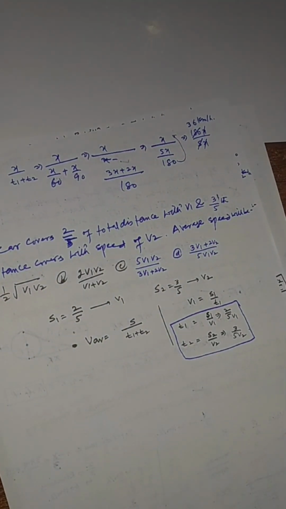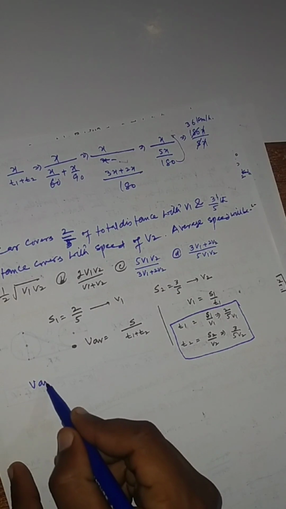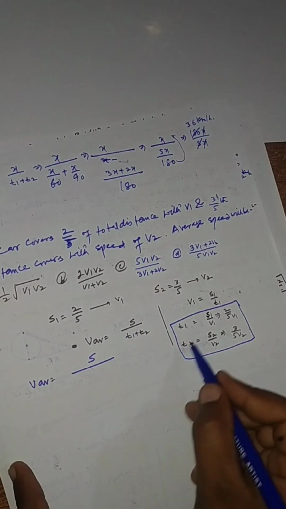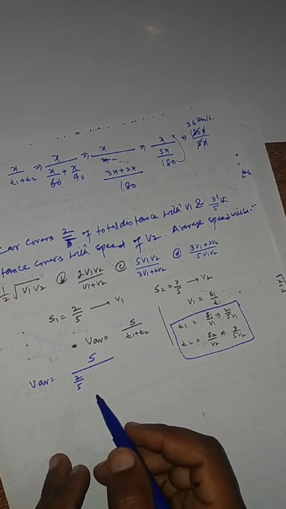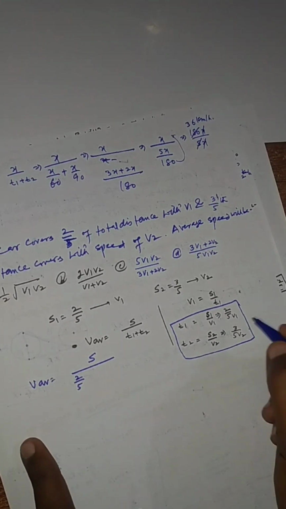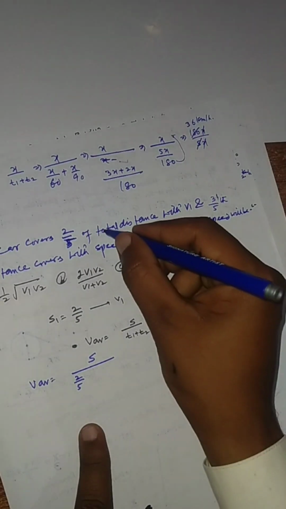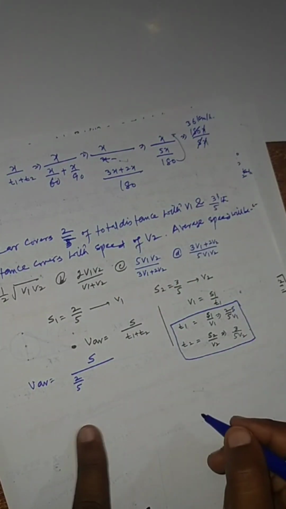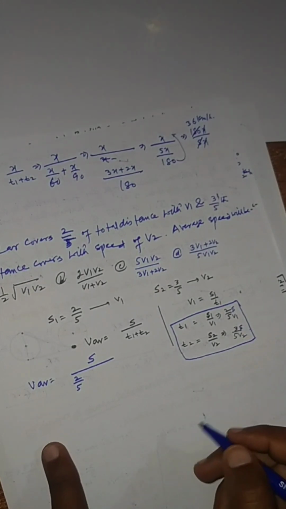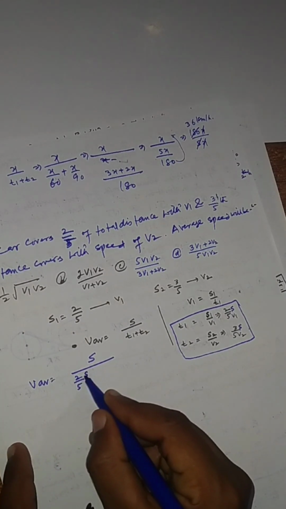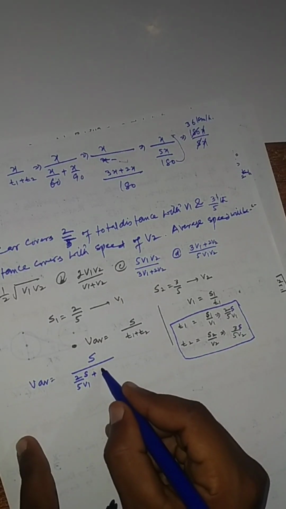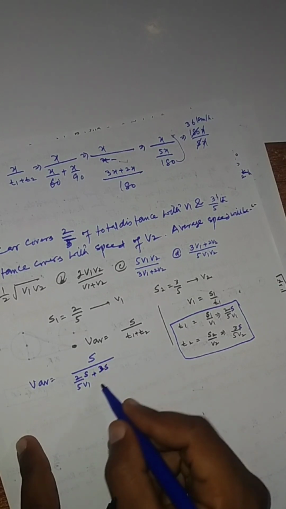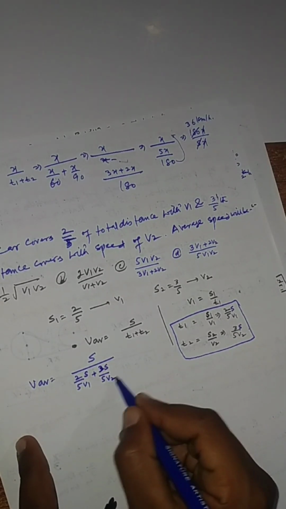If we place the value of t in the given equation, the average speed is equal to total distance over total time. t1 is equal to 2 over 5 S over v1, plus 3 S over 5 v2.